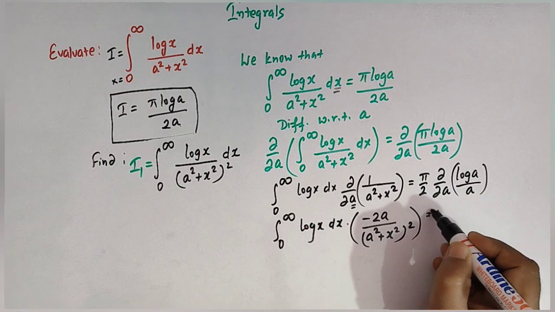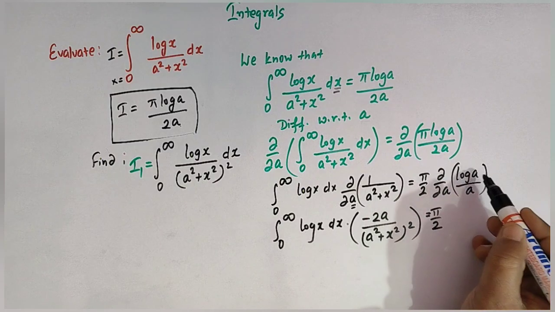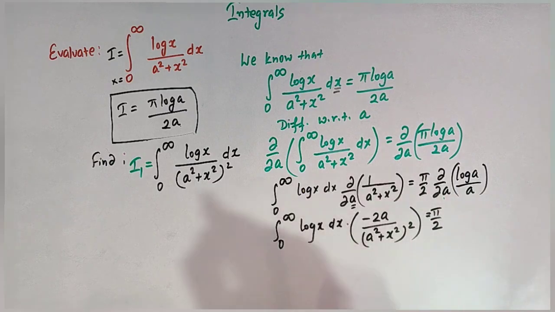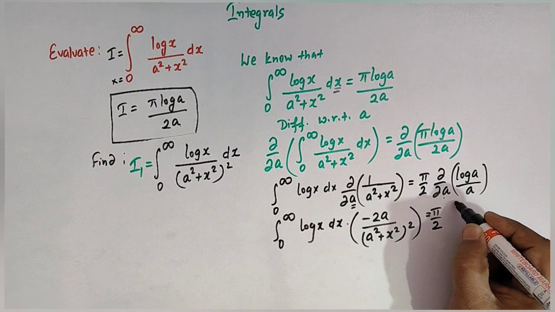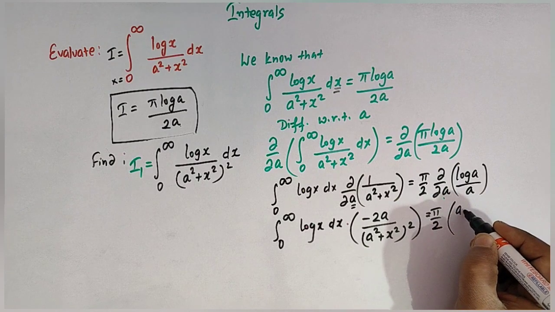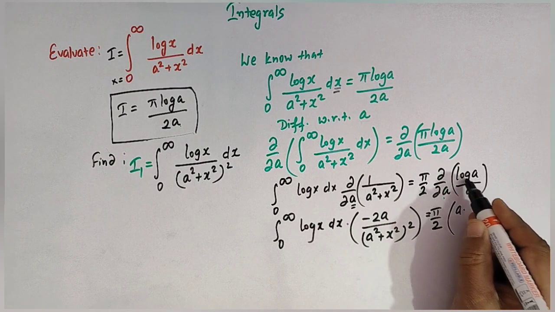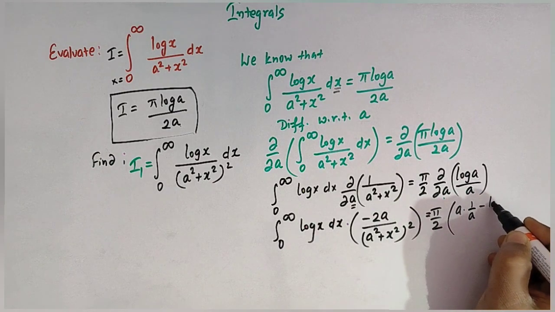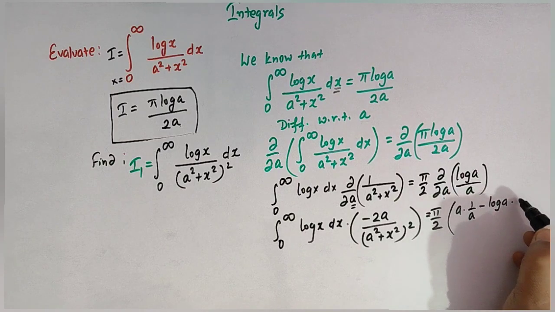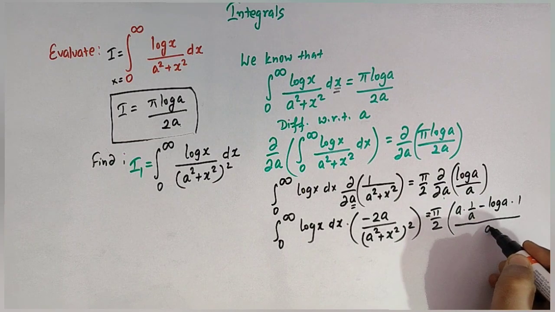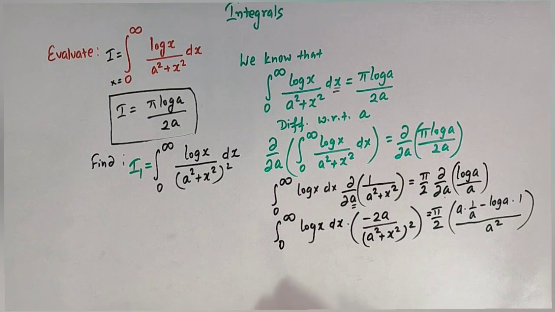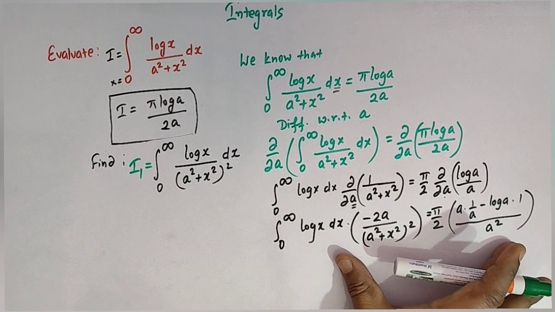And here we have pi over 2, and the derivative of log a over a with respect to a can be obtained by using the quotient rule, right? So we have the second function a times the derivative of log a, that is 1 over a, minus log a times the derivative of a, which is 1, and then the square of a. Now we can simplify this expression.